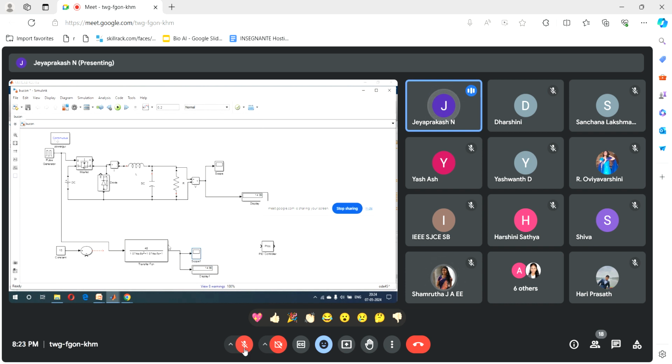For second year students, in this semester you are studying control systems. In that paper you take numerical values randomly and analyze the time domain specifications, but whatever these numerical values may be, they will be derived from the design only.